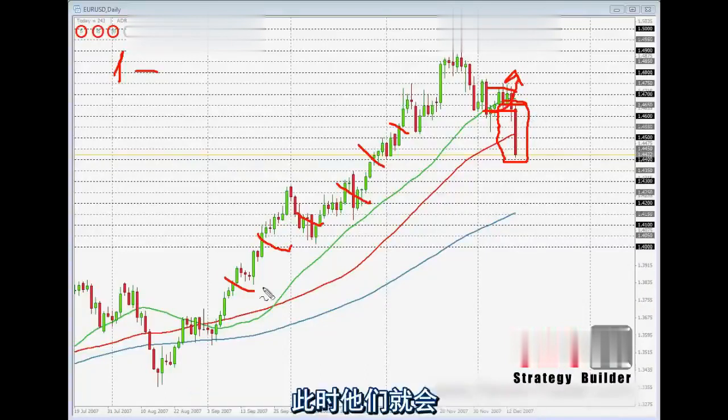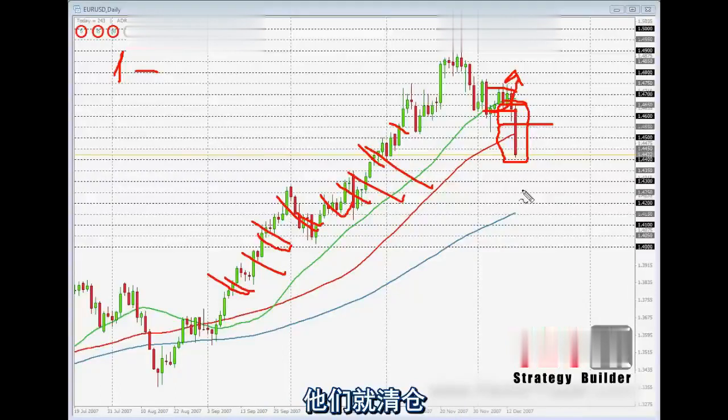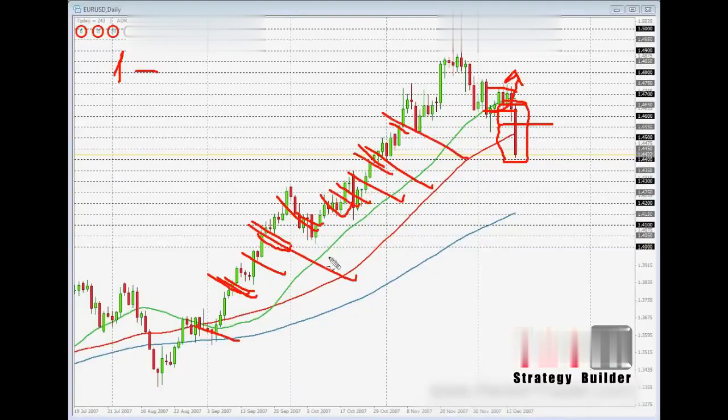So they are very quick to close down all the long positions they've been opening all along in this trend. As soon as the breakout takes place, they close down their positions because they don't want to give all these profits back to the market.